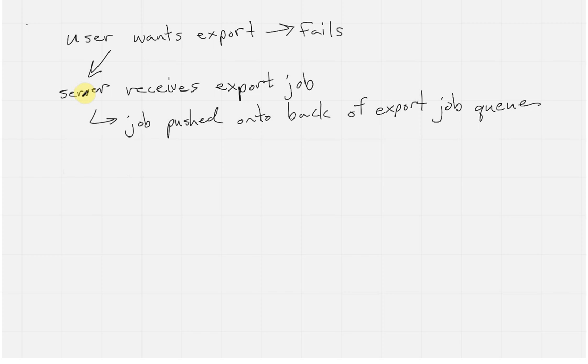Now let's look at how things look from the export job queue. Essentially, there's really only two states. A new job arrives, the queue is empty, and there's a processing of the job, or an active job finishes and there are more jobs in the queue, and there's a processing of the next job.